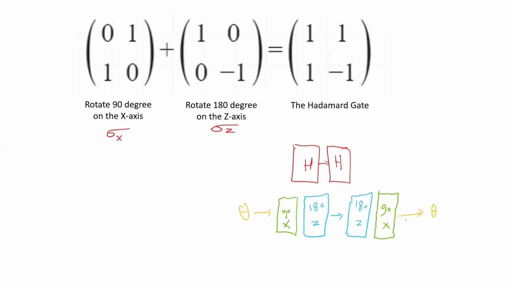Okay, moving on to the Hadamard gate. We all know that this is the Hadamard gate, and we need it for our design. We need 4 of them actually, and the Hadamard gate can be thought of as the combination of these things.